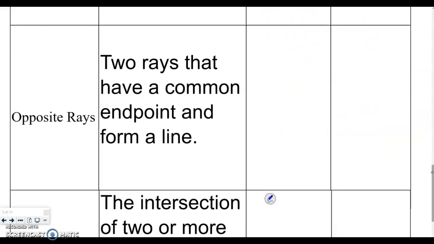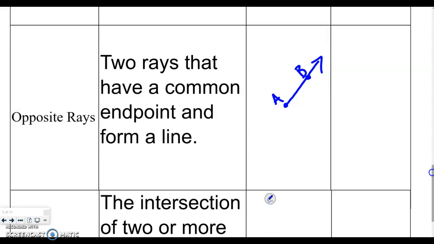Next up is opposite rays. And they are two rays that have a common endpoint and form a line. So if I had, let's say, a ray here, that's my point A, and we also have point B on there.